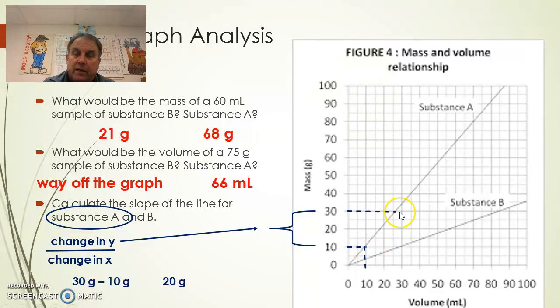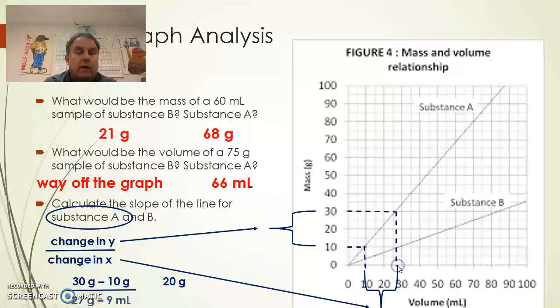And for 30, we can see that it's a little more than halfway to 30. So somewhere around 27 minus 9. So as the y-axis changes 20 grams, the x-axis changes only 18 milliliters.